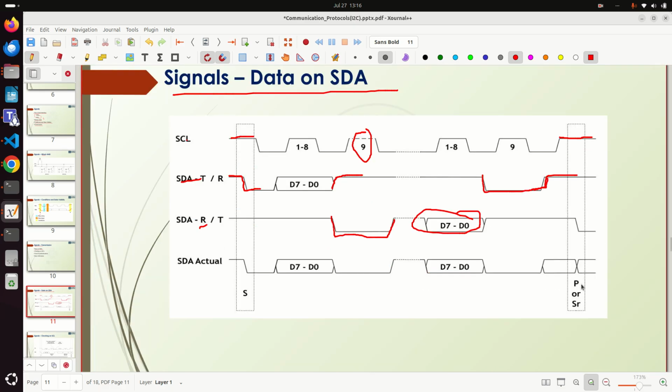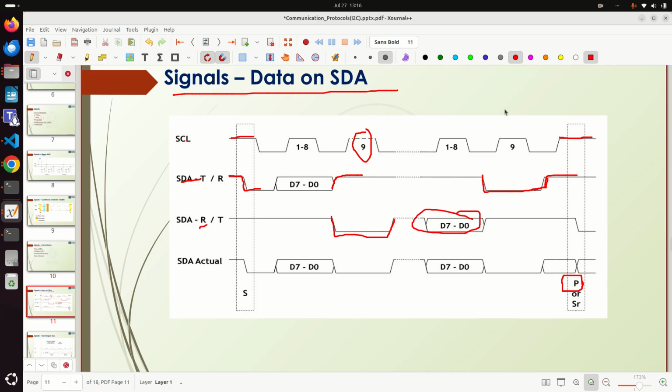The stop bit is also represented by the capital letter P, which stands for stop. So here you can see P. Philips represented it as P. This I2C protocol was developed by the company Philips, and it gave the name P.